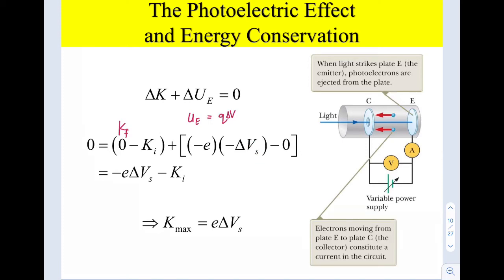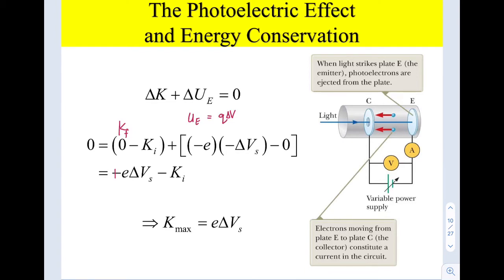So from here, we can simplify the equation into negative K initial. Supposedly, this one is positive. We substitute the delta V with negative delta Vs. It means that the electron that stops immediately before reaching plate C has the maximum possible kinetic energy upon leaving the metal surface.